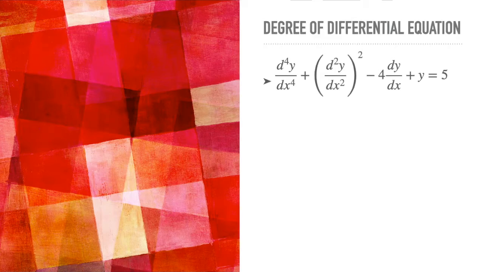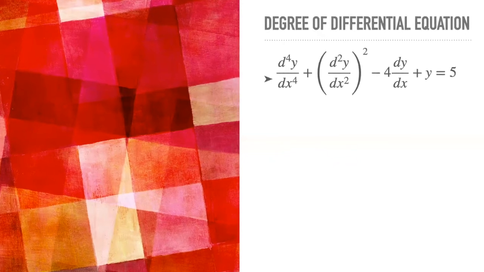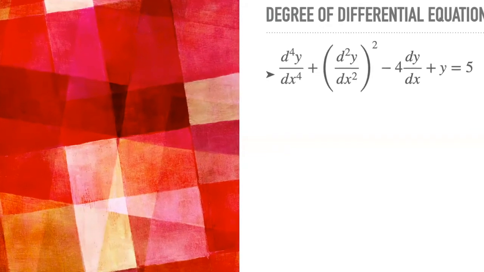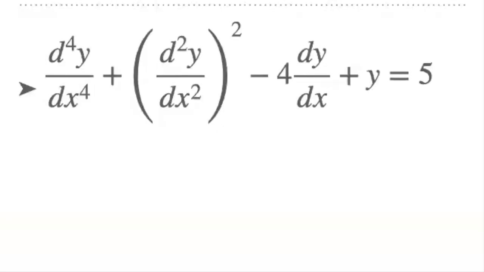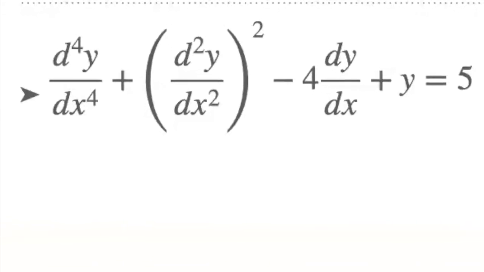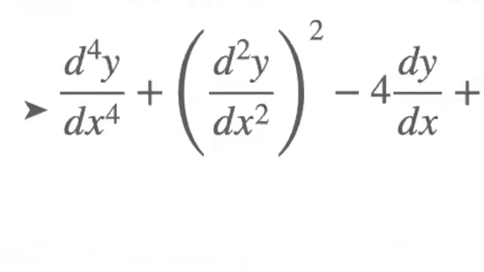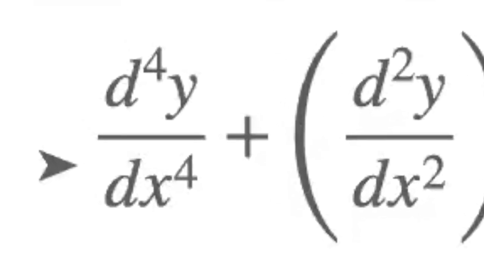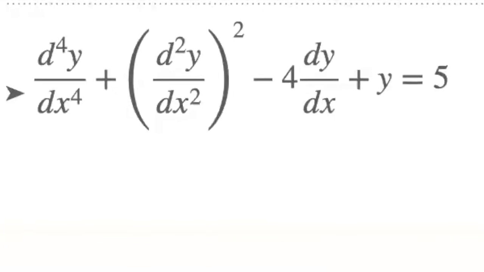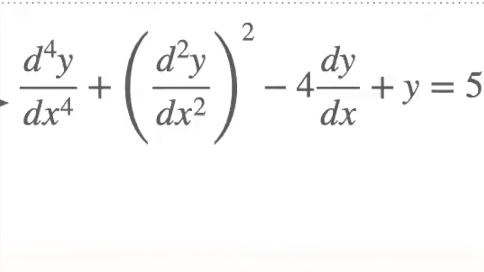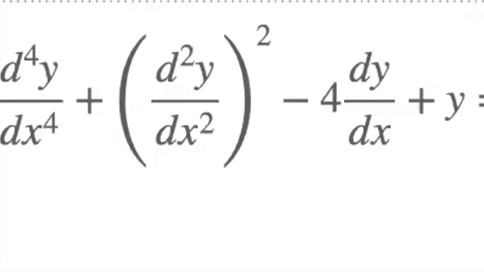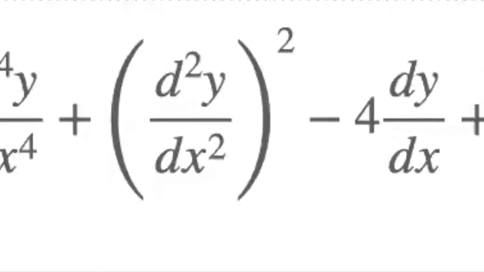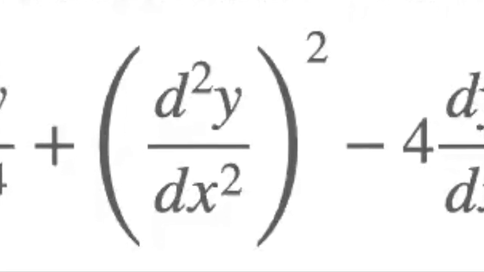Now, the degree of the differential equation. Let's look at this example. So we have this differential equation. Remember, we said the order is the highest derivative. Looking at this, we have an order 4, d4y over dx4. Although the d squared y over dx squared has a power 2 on it, as you can see, there's a bracket with a power 2, that doesn't mean that's the degree.